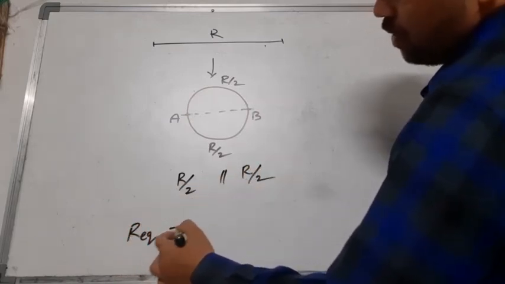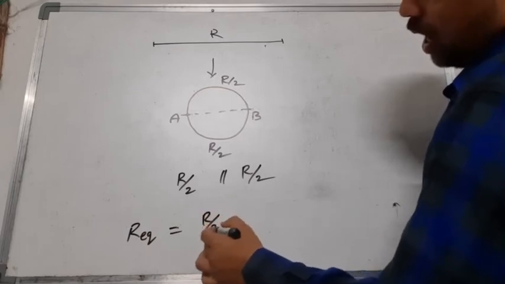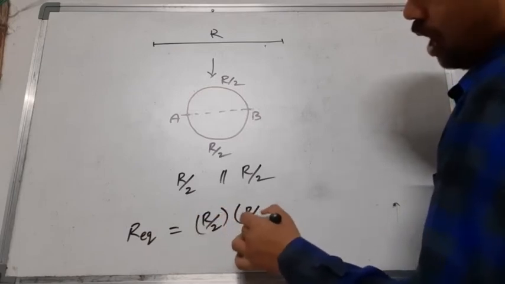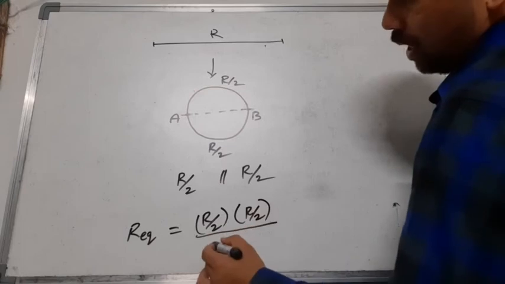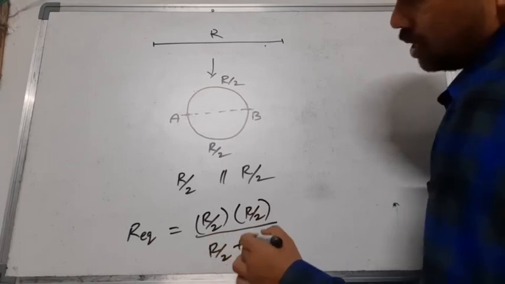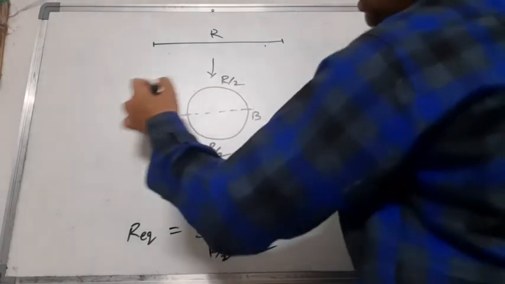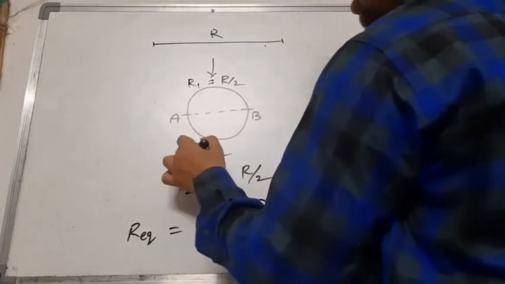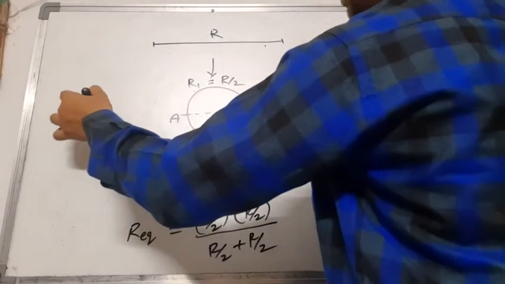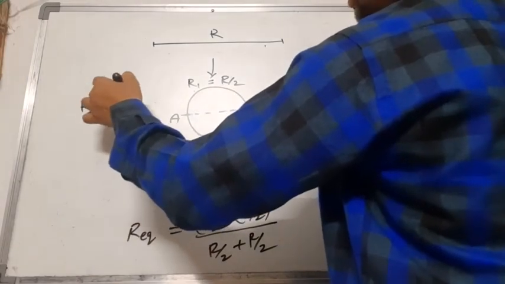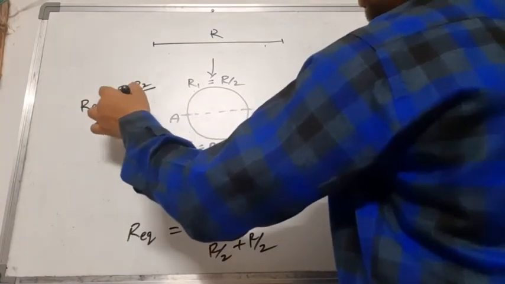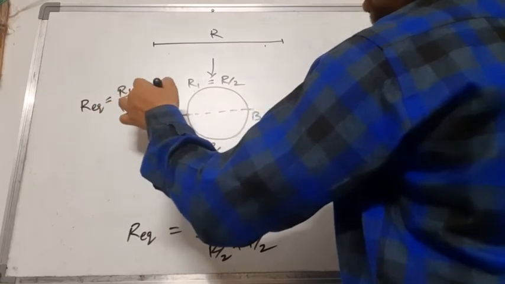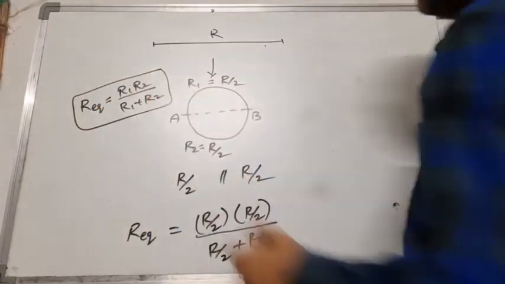That is, equivalent resistance is equal to R by 2 into R by 2 by R by 2 plus R by 2. That means two resistors are there. R1 is equal to R by 2, R2 is equal to R by 2. When resistors are connected in parallel, what is our formula? R1 R2 by R1 plus R2. Okay, you use this formula.